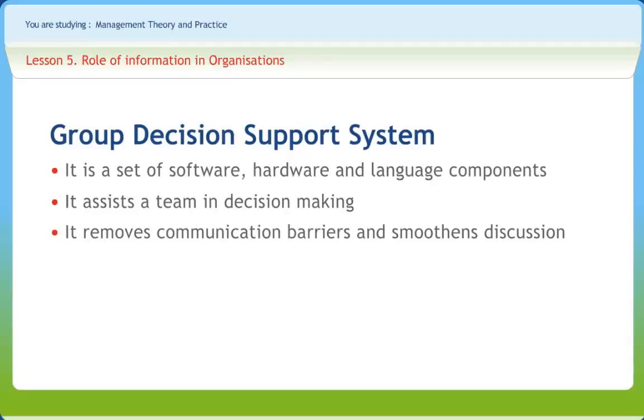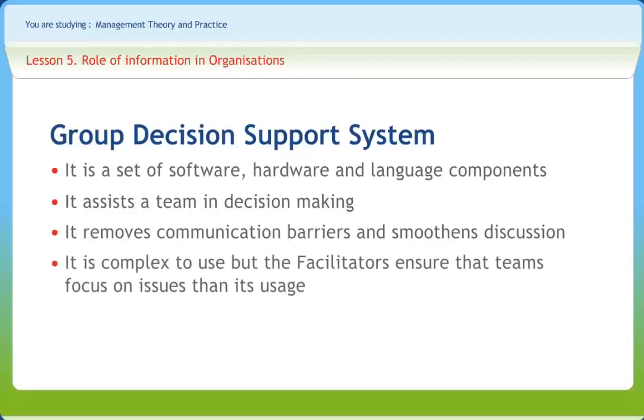Facilitators play a crucial role, allowing the participants to concentrate on issues rather than struggling to learn how to use the technology themselves. Here, it becomes important to note that a group decision system is complex to use, but the facilitators ensure that the teams focus on the issue rather than its usage.